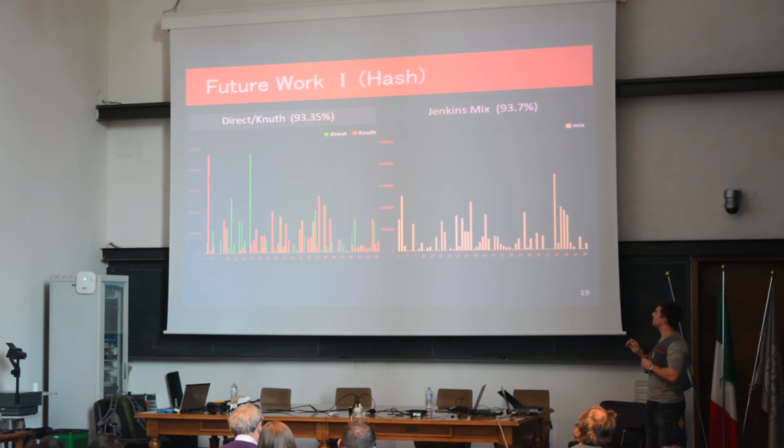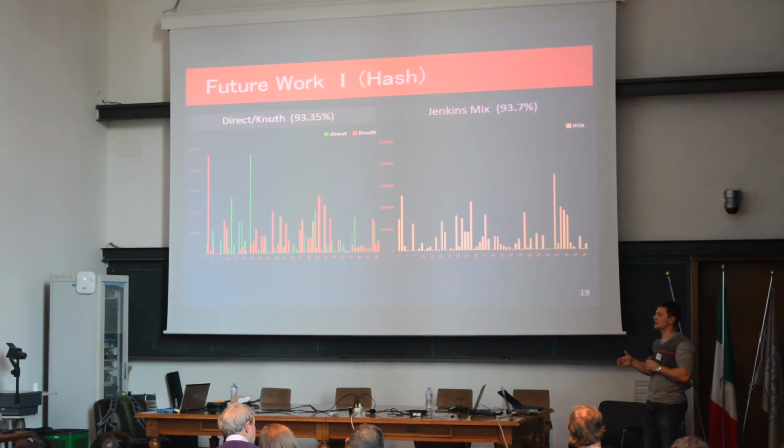But I want to note that the Jenkins mix hash is too complex to be implemented in hardware. Well, it's not too complex, but it will be too heavy because it contains several sequential additions, shifts, and some multiplications, which can also be represented as several sums and shifts.